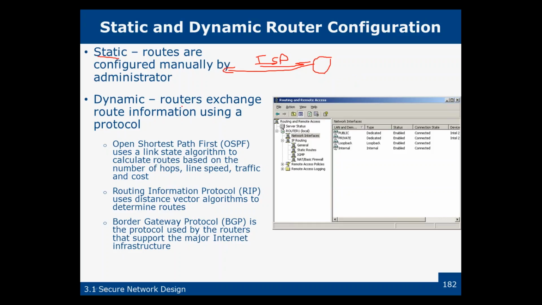Dynamic routers exchange routing information. We're using different protocols: Open Shortest Path First, RIP, BGP, EIGRP are all the letters that are routing protocols. So these things share information about routes.